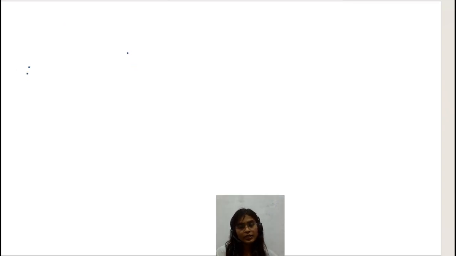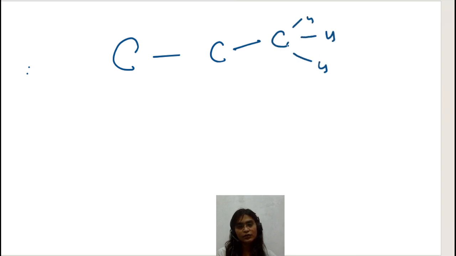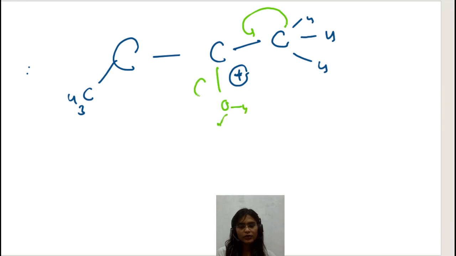So observe this, if you have a carbon, this carbon there, let's suppose this is my carbon, this is hydrogen, this is hydrogen, and this is hydrogen. Let's first consider if this carbon is going to participate, right? This is one more CH3 there. So if it is going to participate here, so you can say this bond here, and please note it's a water. Okay, so it's going to leave there.